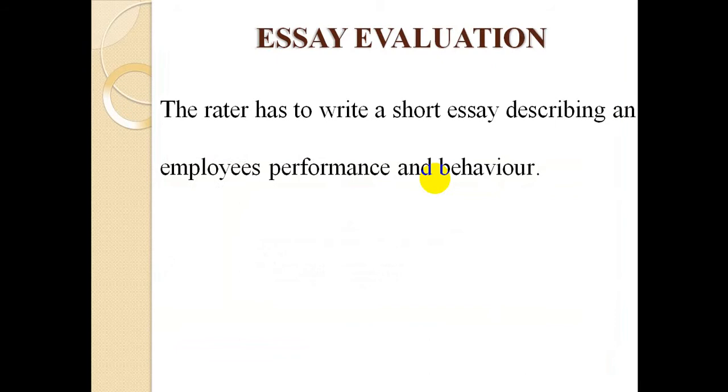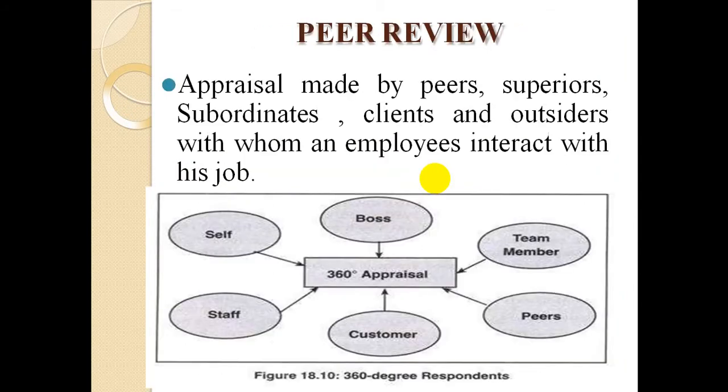Now next one is essay evaluation. Here the rater has to write a short essay about an employee's performance and behavior. And now next one is modern methods of appraisal. The first modern method is peer review. Peer review means 360-degree appraisal.